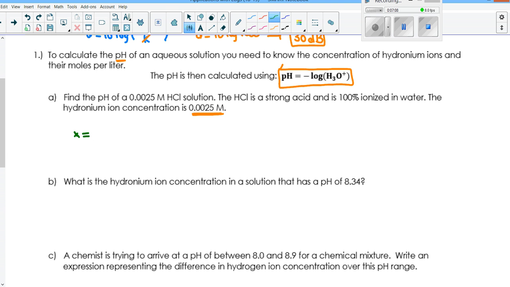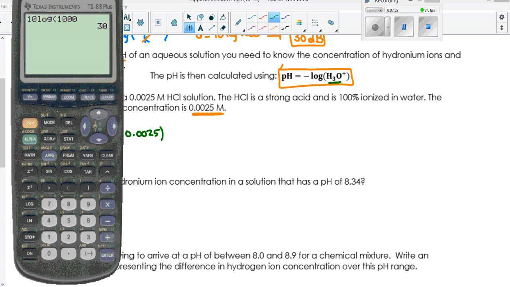I'm going to say x equals negative log, and then this is your moles, which it has to be because I don't know x. So then I'm going to say 0.0025. And you can notice that x is already isolated, so all I have to do is put that in my calculator.